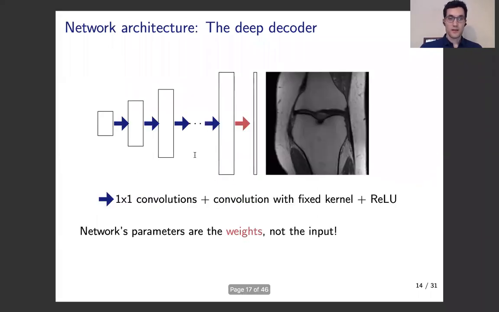All right, and the network has the following architecture. It's a convolutional network in the sense that it maps channels to channels. In this case, this box corresponds to a number of channels. If you're not familiar with convolutional networks, just think about it as a matrix essentially.